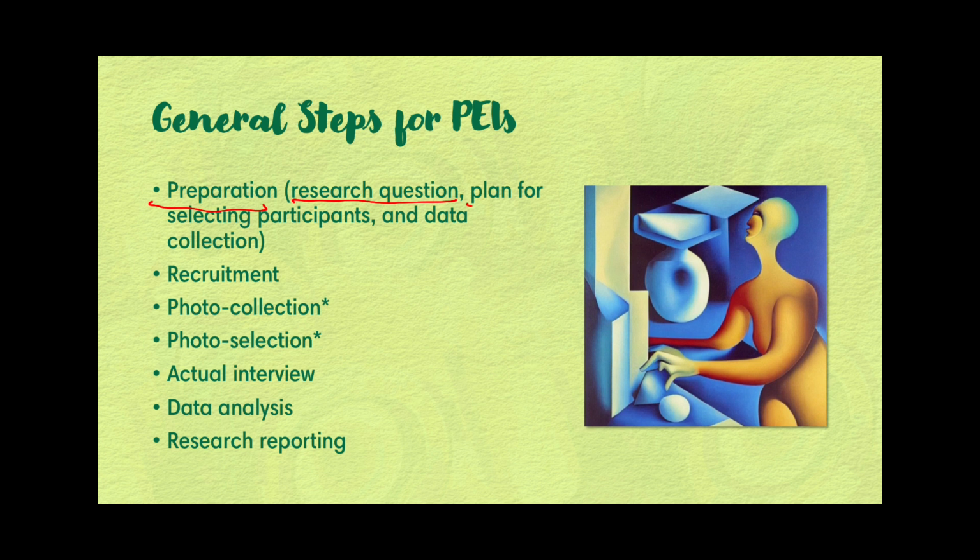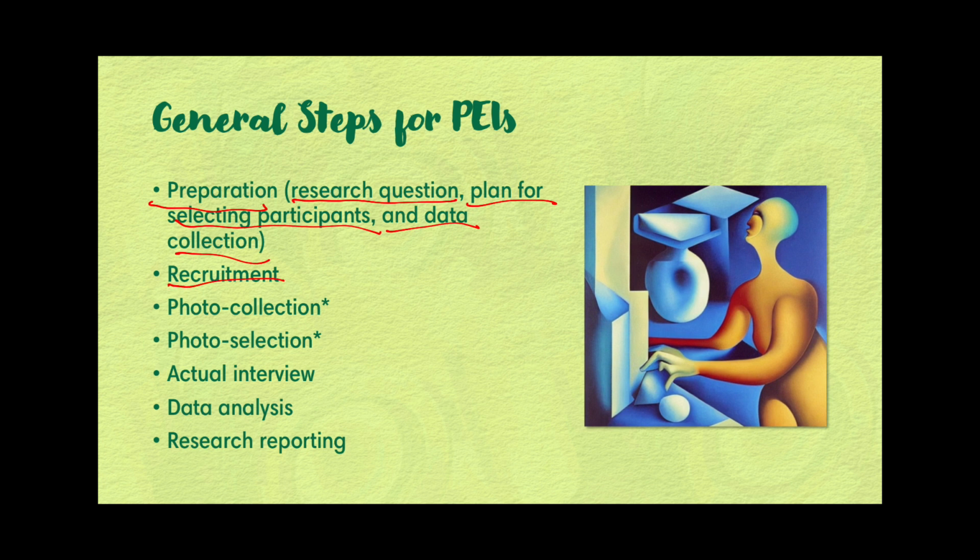Then we create a sampling plan: who are the best persons to interview, and what will be our data collection processes. If it's an interview, you have to have an interview guide, prepare your audio recording devices, prepare the venue where you will do your interview, and then do your recruitment as well.